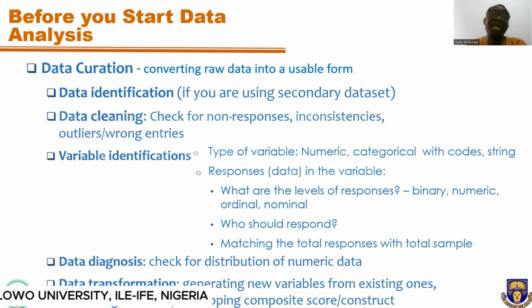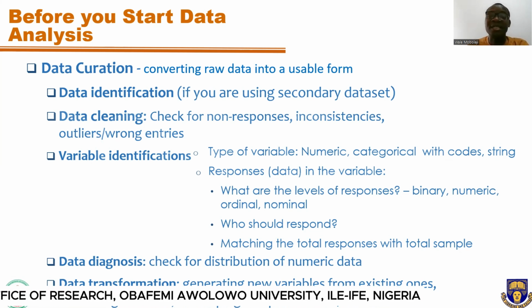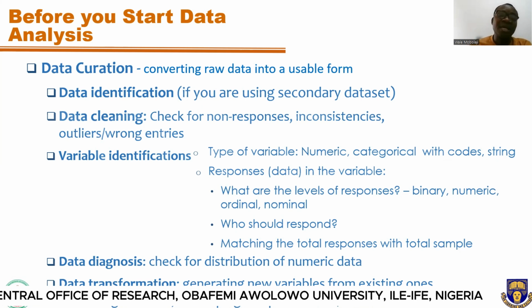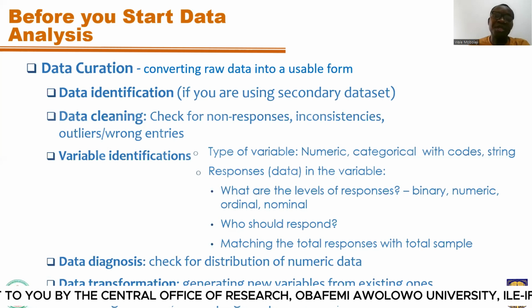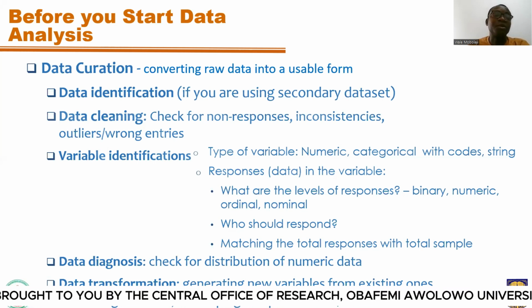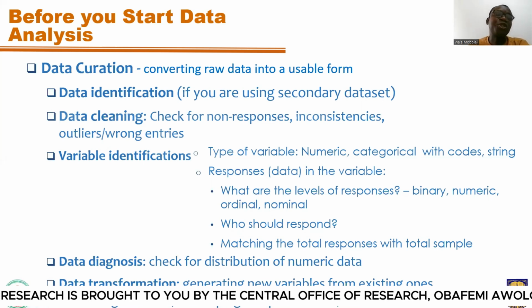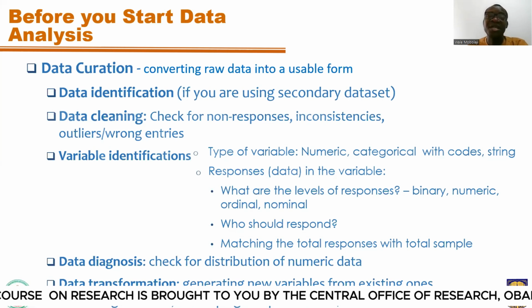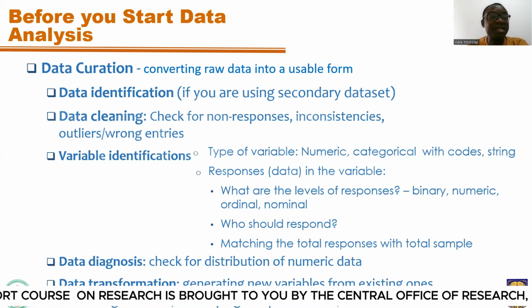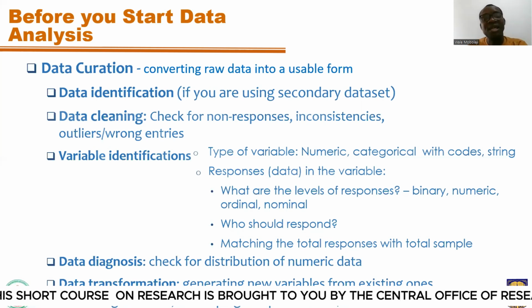For that, you might have to run through the frequency distribution of the entire data set, especially the variables you'll be using in your study. You run a frequency to know whether there are non-responses, whether there are inconsistencies, some wrong entries, or some outliers.